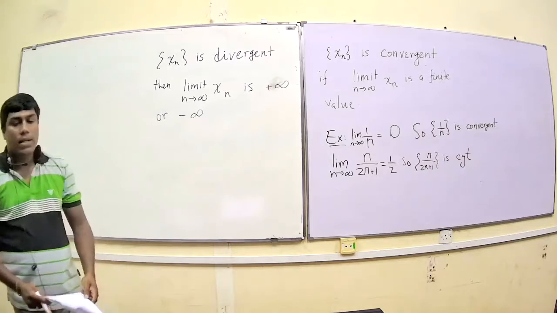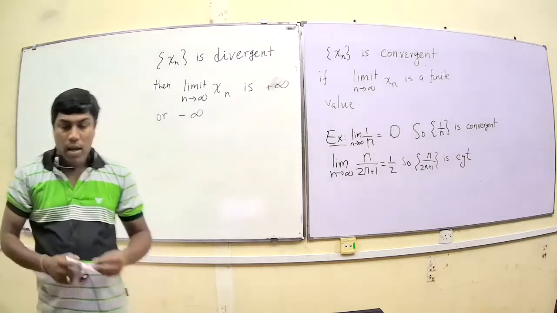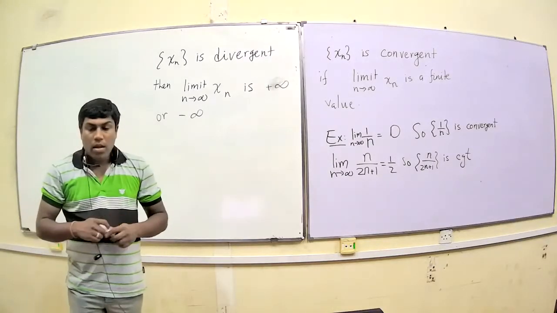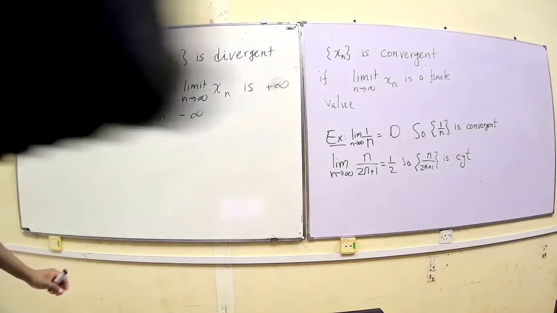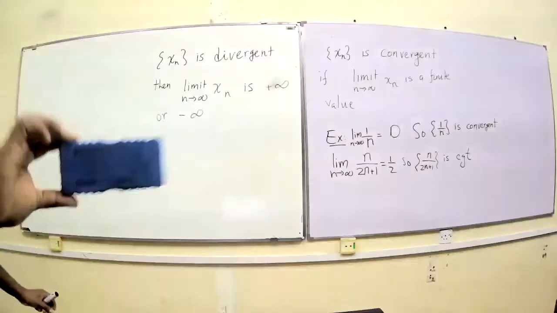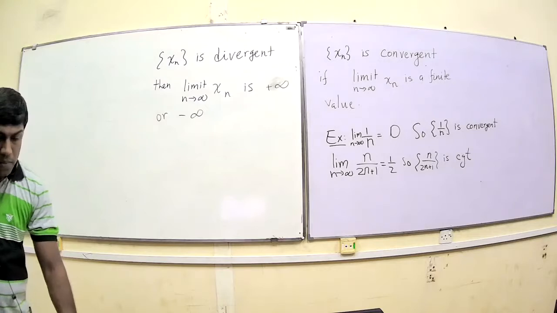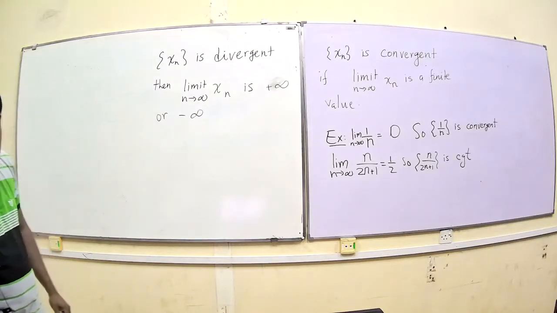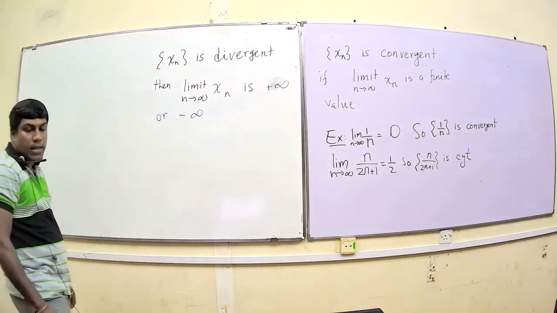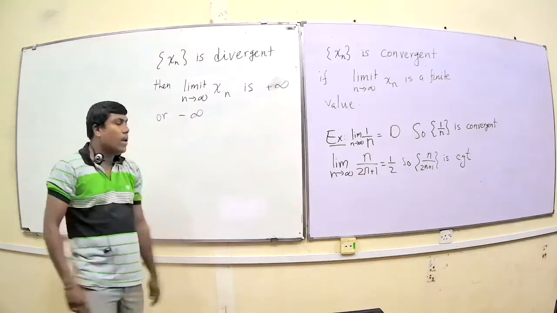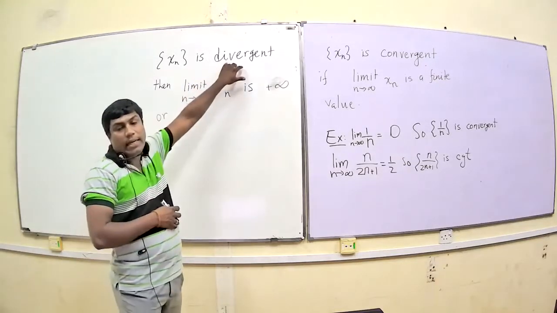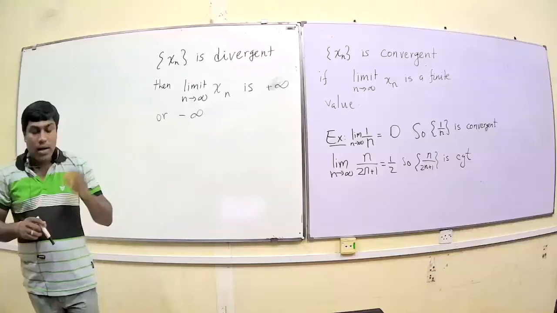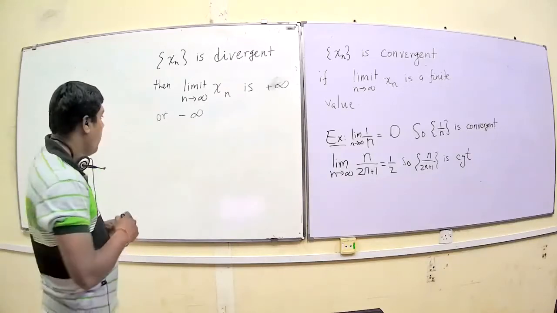If the limit of the sequence is plus infinity or minus infinity, then we say that the sequence is divergent. So that is another type.